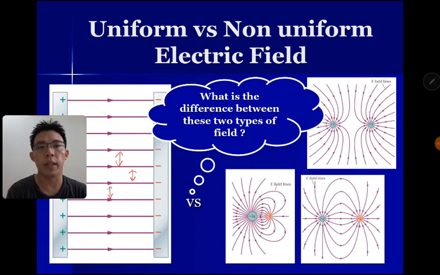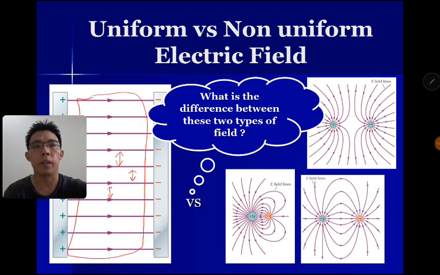So if you have evenly spaced lines, it means that the strength is the same everywhere between the region of these two parallel plates. Whereas those here are not equal: if you draw the same size of circle within the region of the two charges in this example, their density is slightly different, indicating that it's not a uniform field. All right, so let's move on.